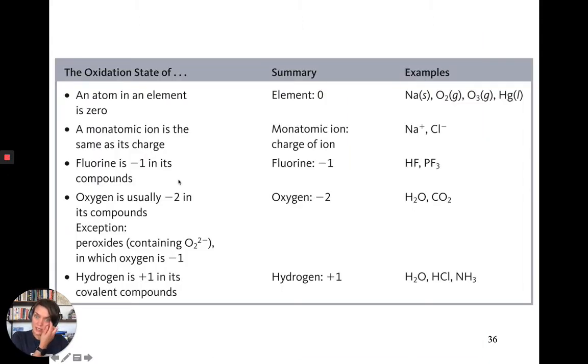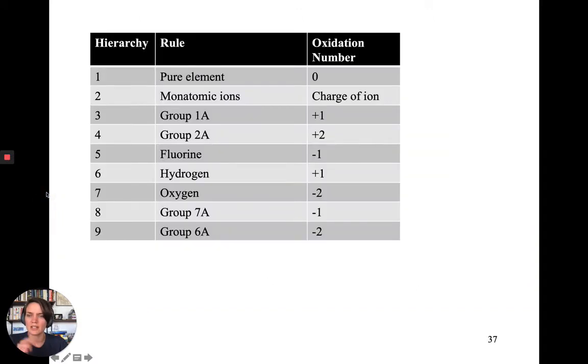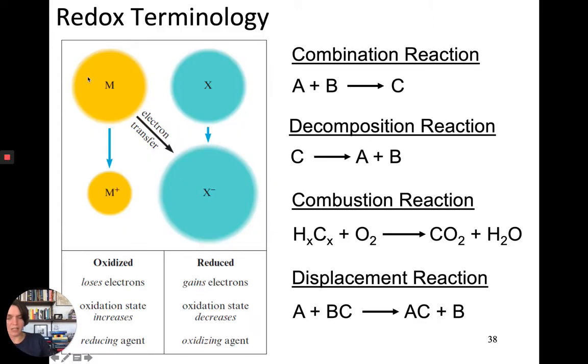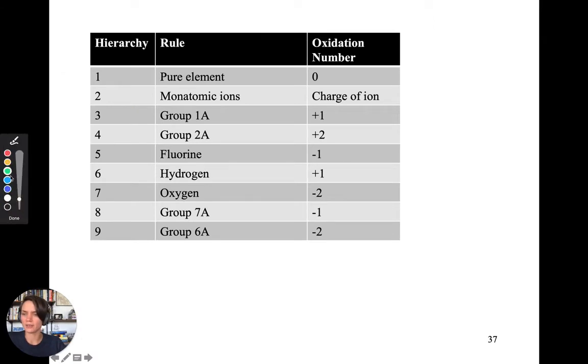Okay, so this is the table that your textbook provides you with. I'm providing this here so that you have it in your abbreviated notes for the chapter that I always have posted on Brightspace, but I prefer to use this version. So the rules here are hierarchical, which means you have to follow rule 1.